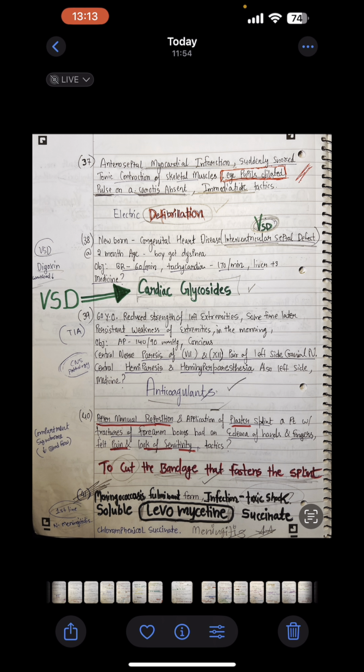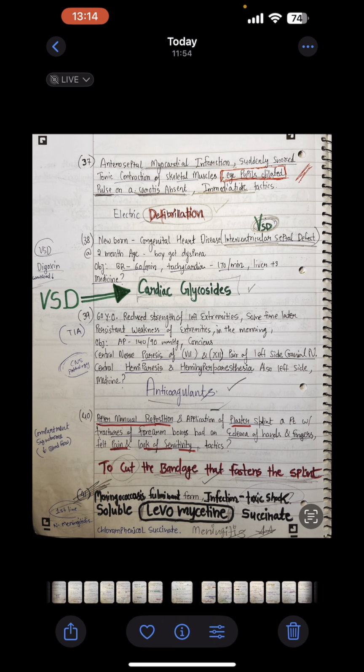Since the newborn is just 2 months old, we may not go with the surgical procedure right away. If our problem is going to get solved with medications, then why even perform the surgery? However, we love to perform surgery, but let's do the best for the patient: cardiac glycosides.